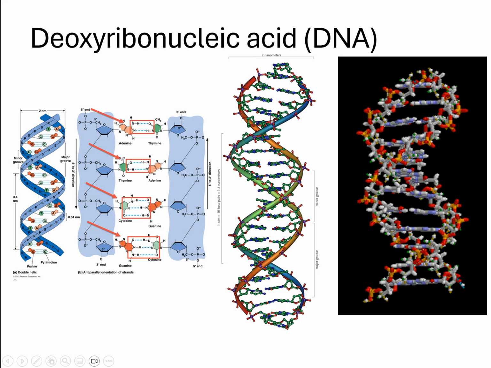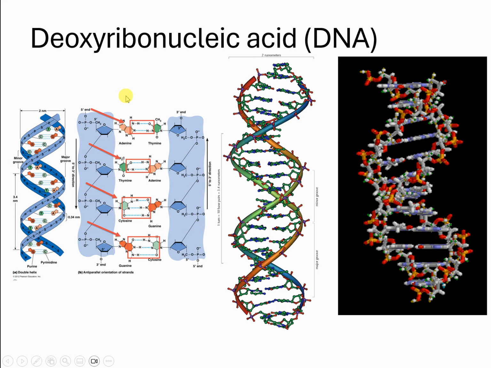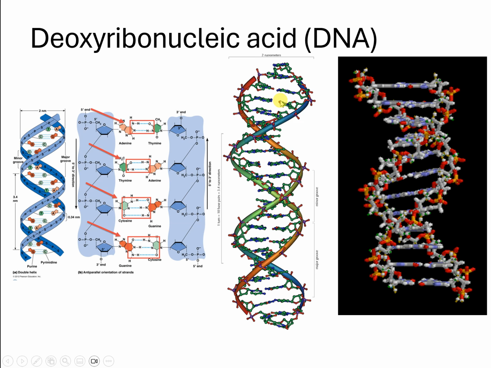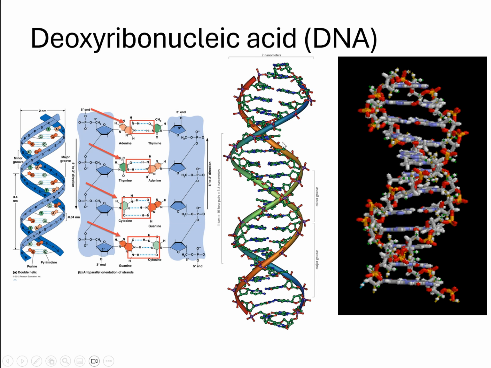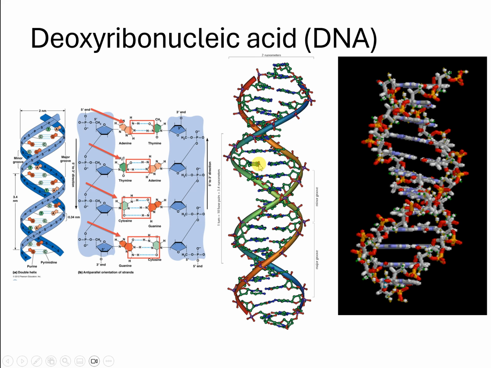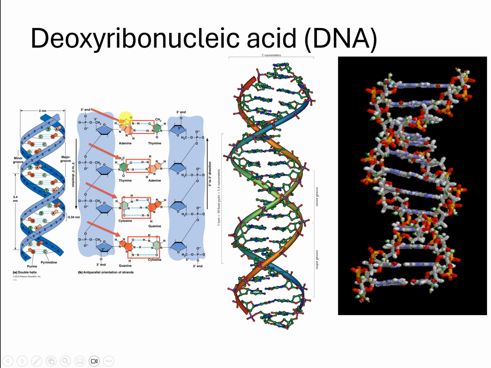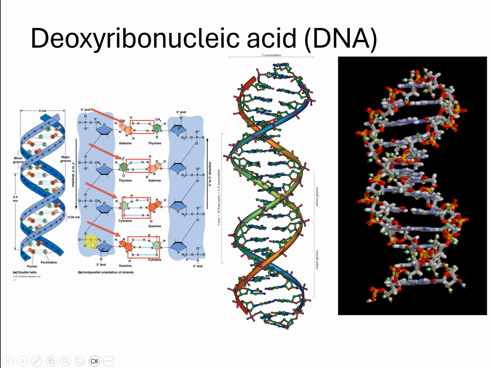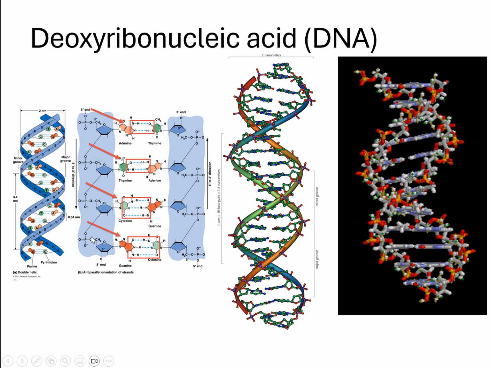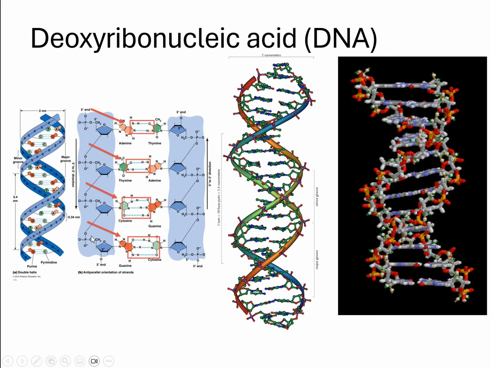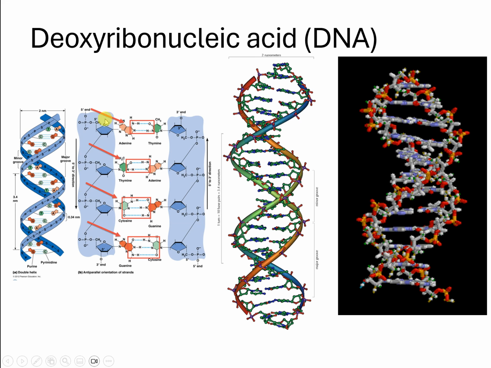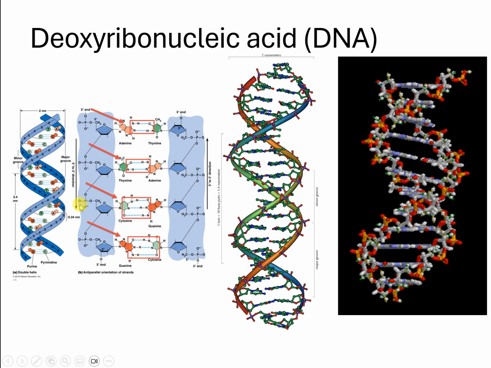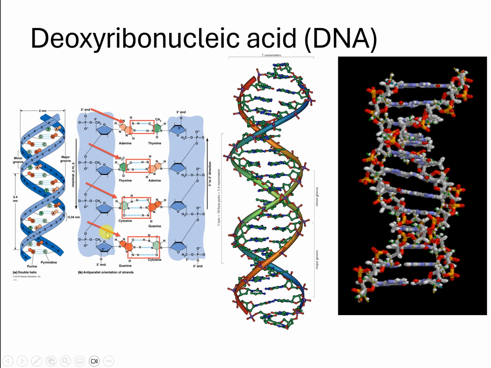DNA is a polymer of nucleotides, and one DNA molecule is composed of two helices that are coiled on each other. Each helix is composed of many thousands of nucleotides joined with each other via phosphodiester bonds.